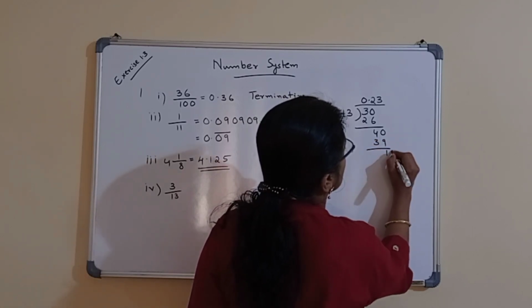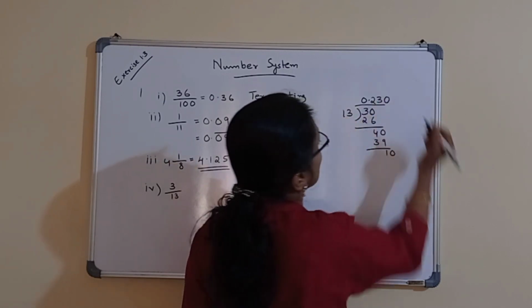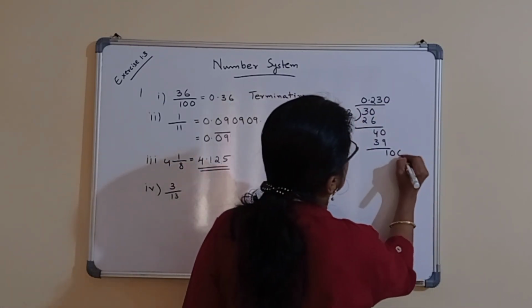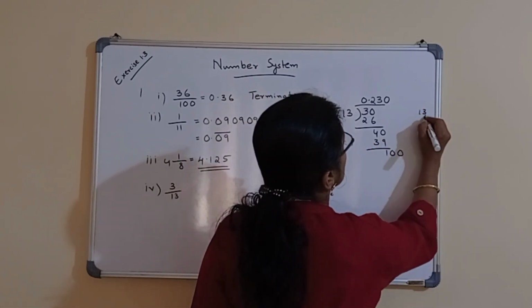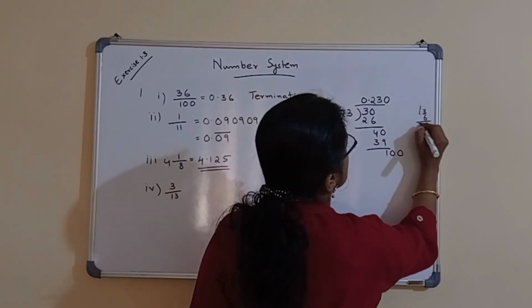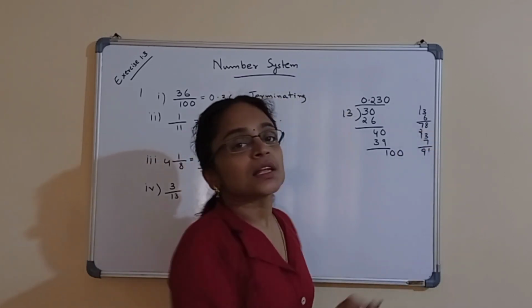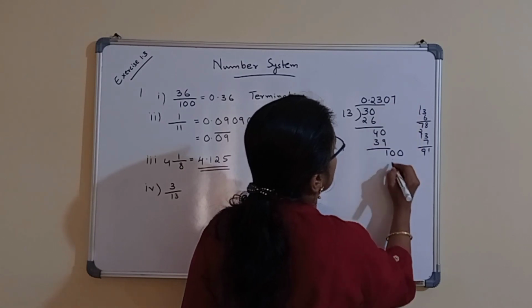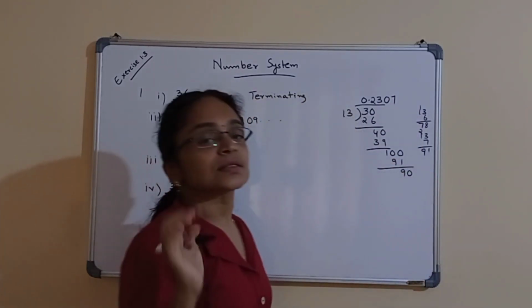Then 1 remainder. In 10, 13 will go 0 times, then add a 0 here. In 100, 13 into 7 is 91, so 13 will go 7 times and 91. We have 9 remainder, so 90.